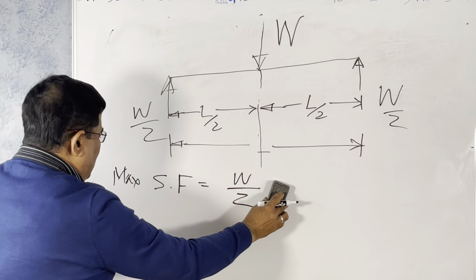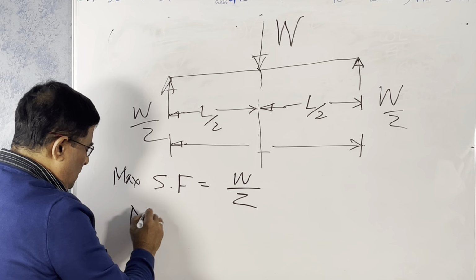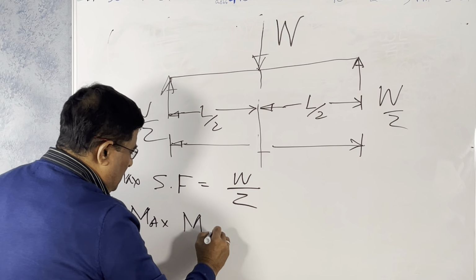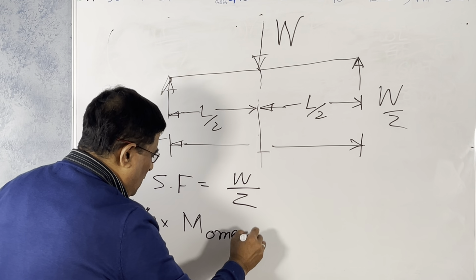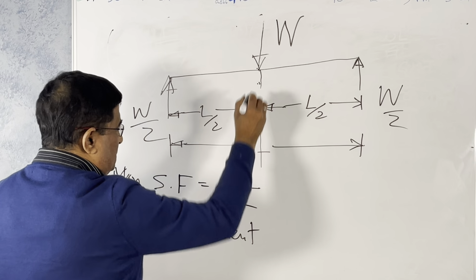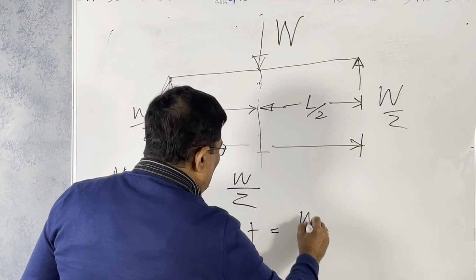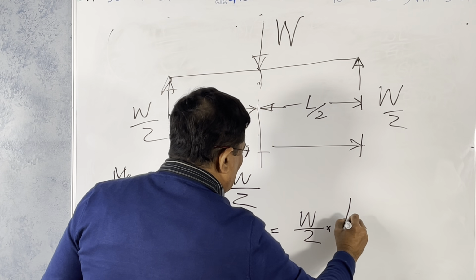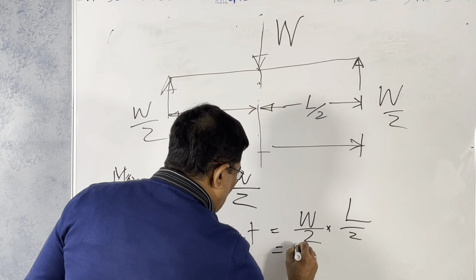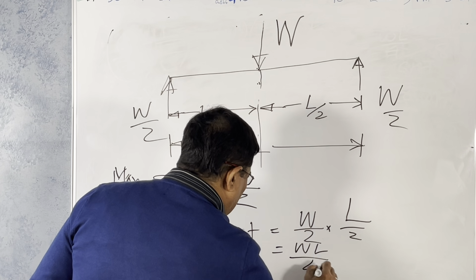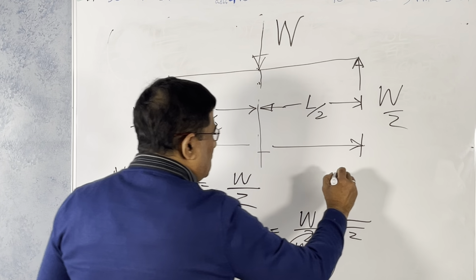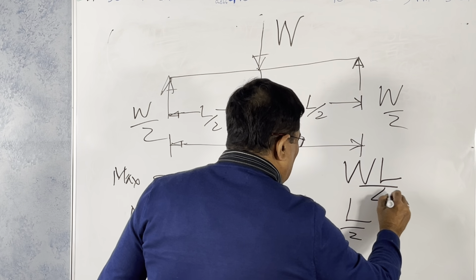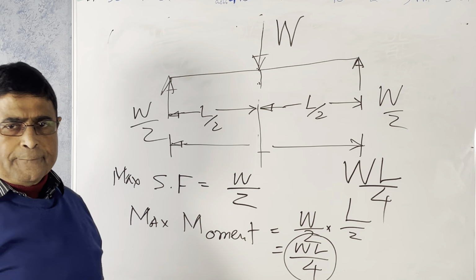So the maximum moment at the midpoint is W over 2 multiplied by L over 2. It is WL over 4. So the maximum moment for a concentrated load at the middle is WL over 4.